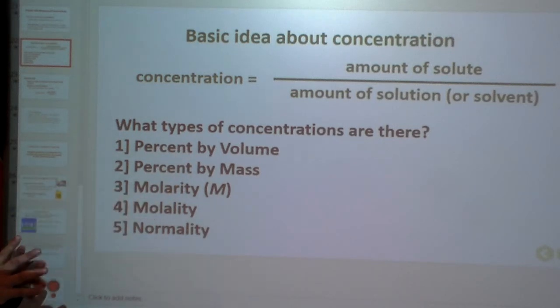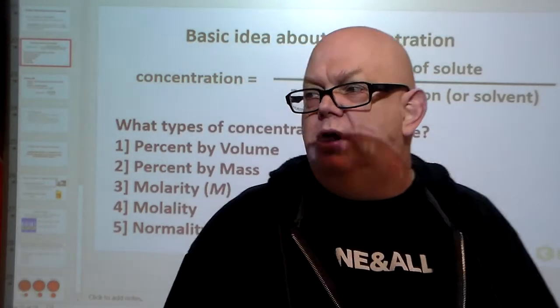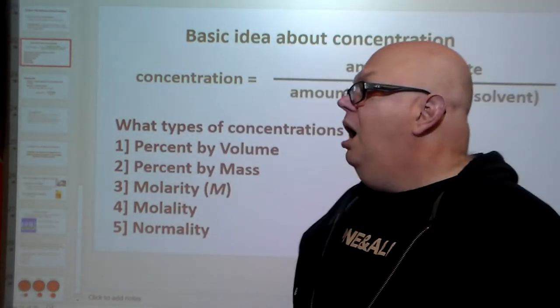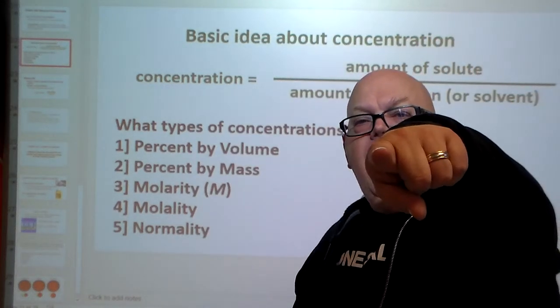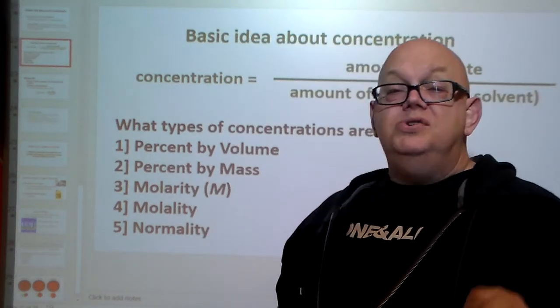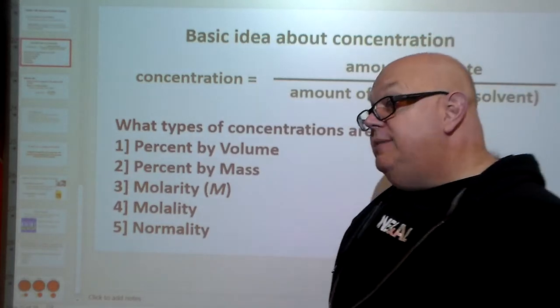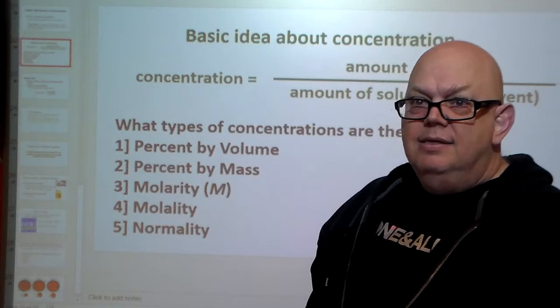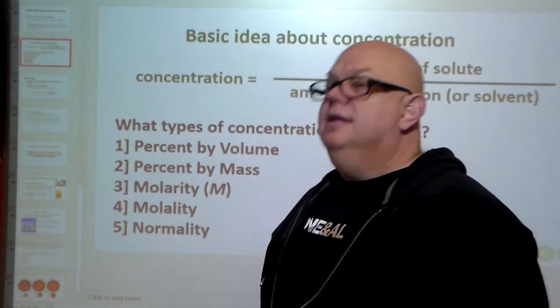There is percent by volume. Where have you seen percent by volume before? Oh yeah! The rubbing alcohol bottles. You notice they have 70%, 80%, 90%, right? And vinegar, 5% acidity.